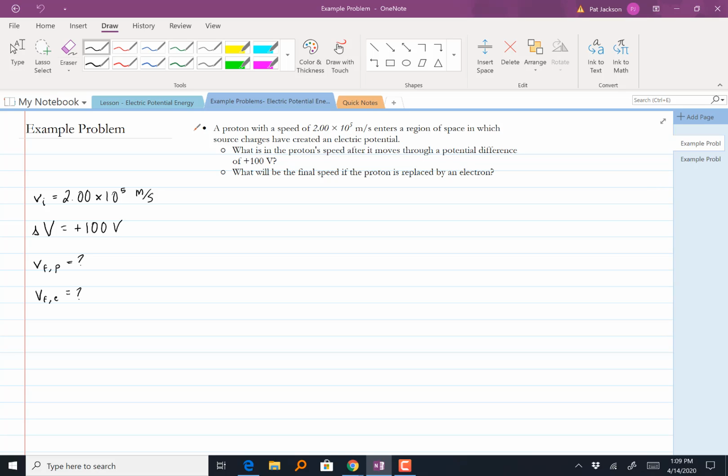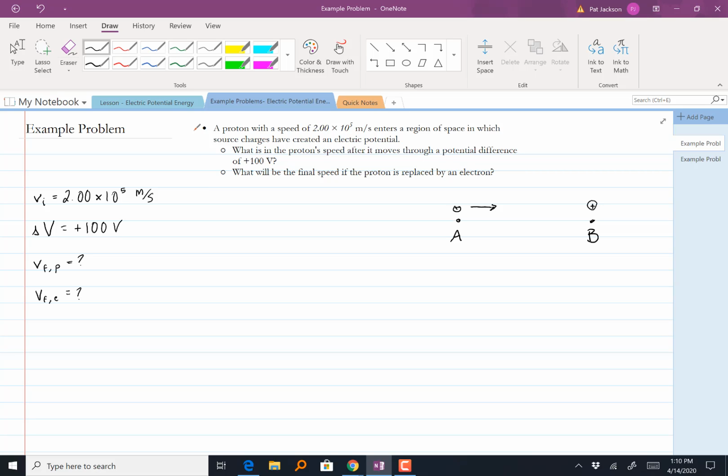All right, so let's look at that first part first. I've got my knowns listed on the side here, right? So my initial speed, and then this change in voltage of 100 volts. So what we're saying is we're moving between 2 points, A and B, for example, and the difference between A and B as my proton moves from A to B is 100 volts.